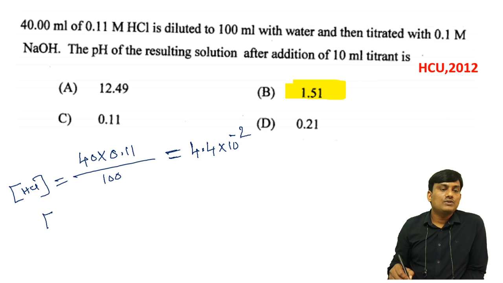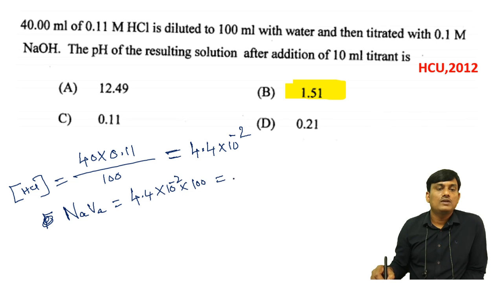Here, for the concentration of H plus, let us take NaVa: 4.4 into 10 to the power of minus 2 into 100 is equal to 4.4. NbVb is equal to 0.1 into 10, which is equal to 1.